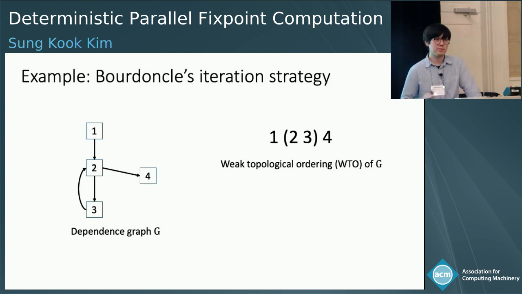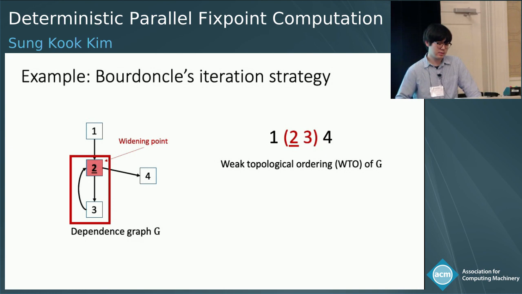The parentheses represent loops. So this loop is represented in the WTO as 2, 3 with matching parentheses, and Bourdoncle calls this a component. And to cut all cycles with the widening point, the first element in the component, which is 2 in this case, called the head, is chosen as the widening point.